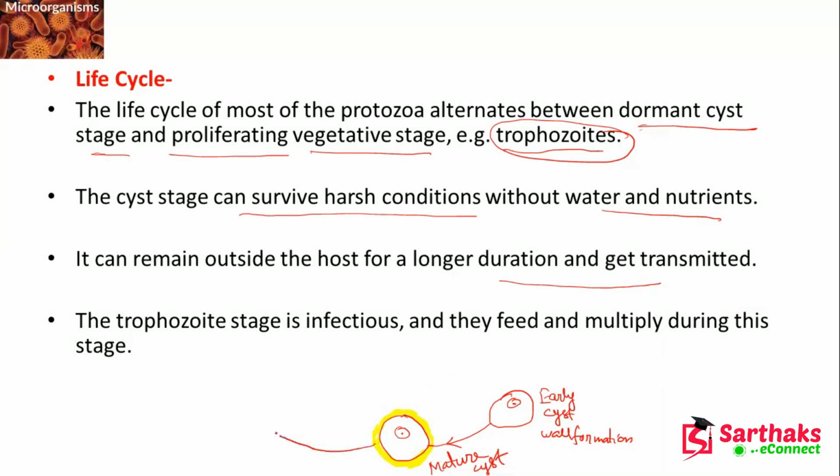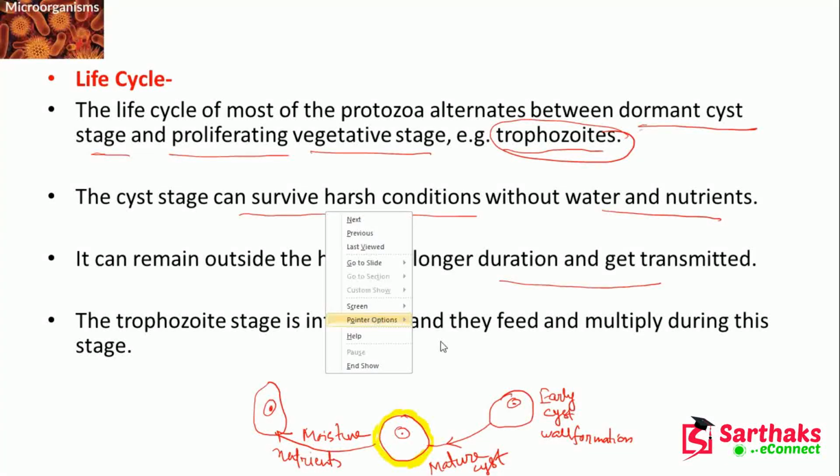Now whenever it gets moisture and nutrients restored, the cyst wall will break.